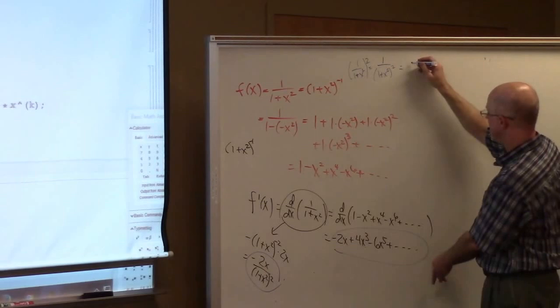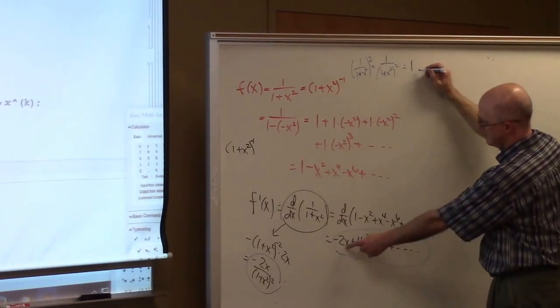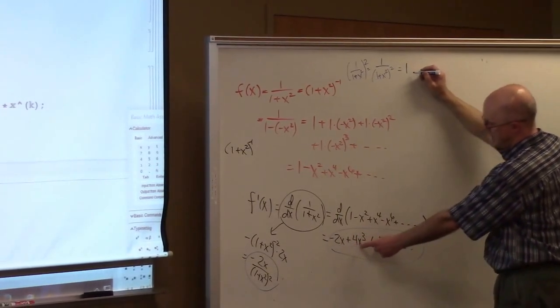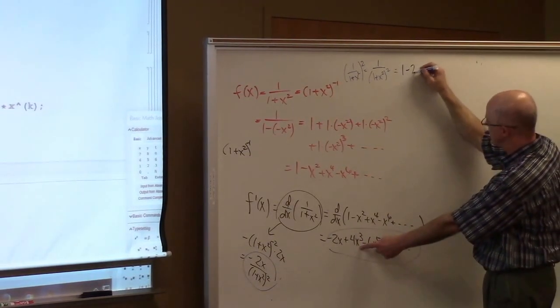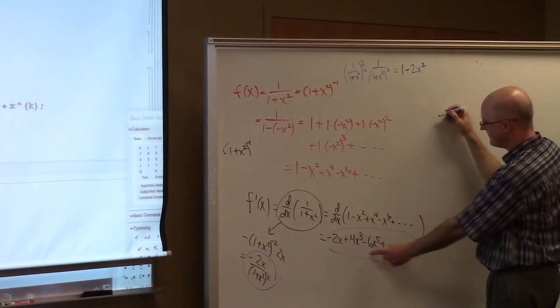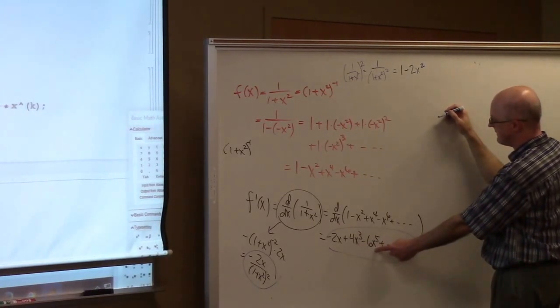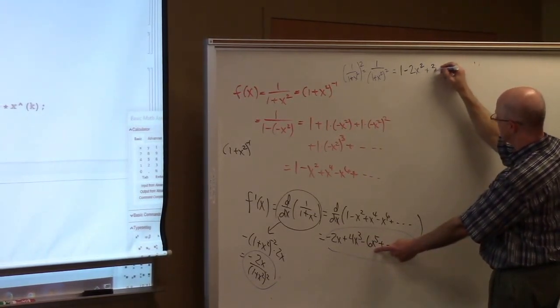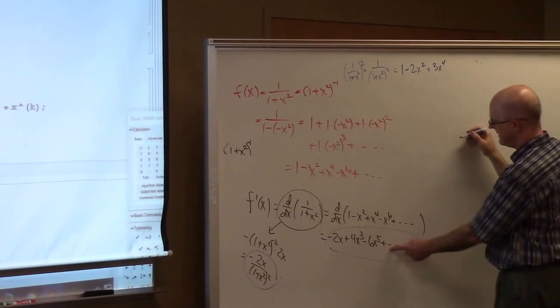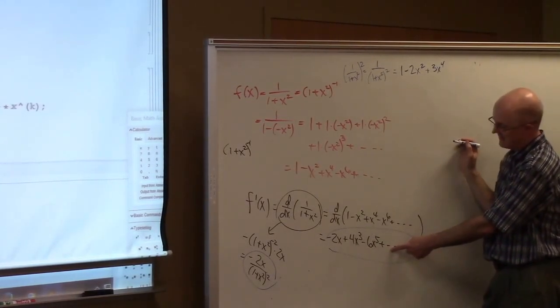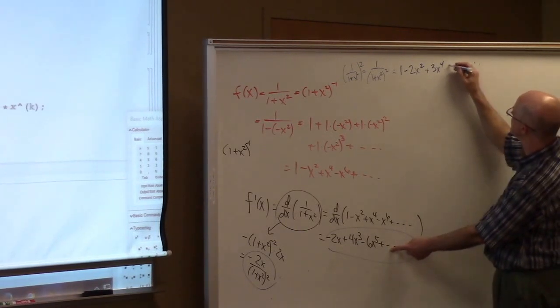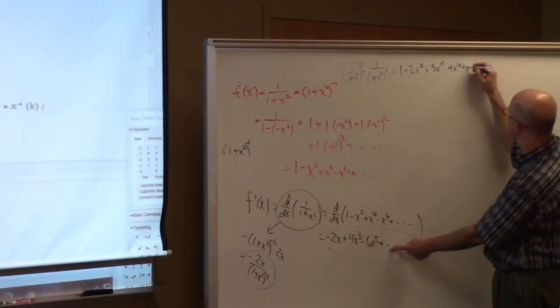In other words, it should be 1, since -2x divided by -2x is 1. 4x cubed divided by -2x is -2x squared. -6x to the 5th divided by -2x is plus 3x to the 4th. The next one would be plus 8x to the 7th divided by -2x, which is minus 4x to the 6th, etc.